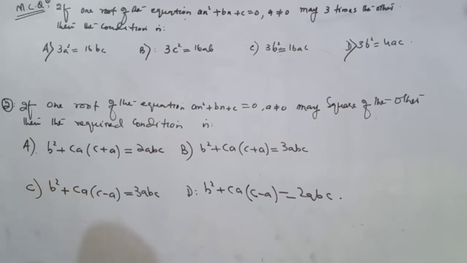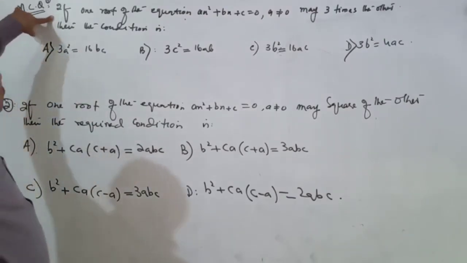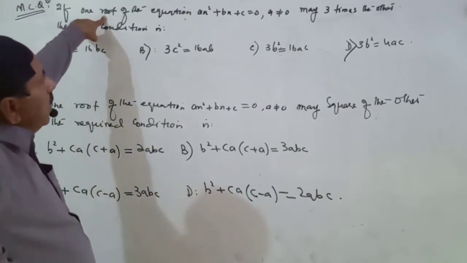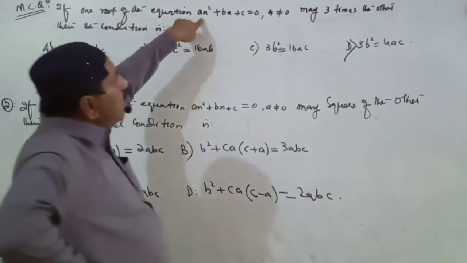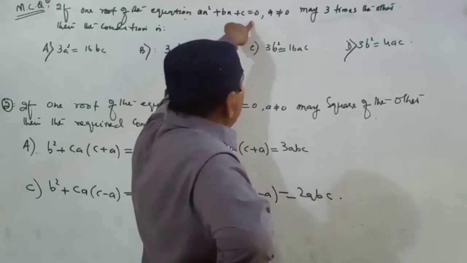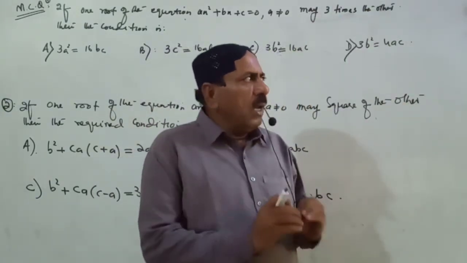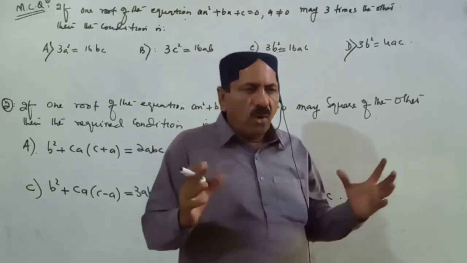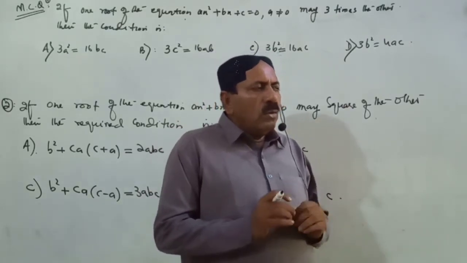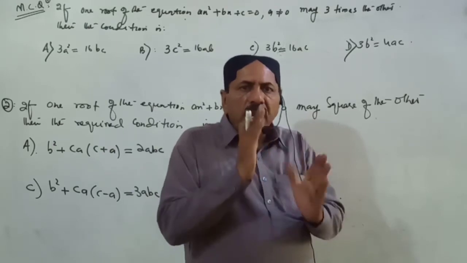First of all, if one root of the equation ax square plus bx plus c is equal to 0 is 3 times the other, we have to form an equation whose roots are 3 times each other.